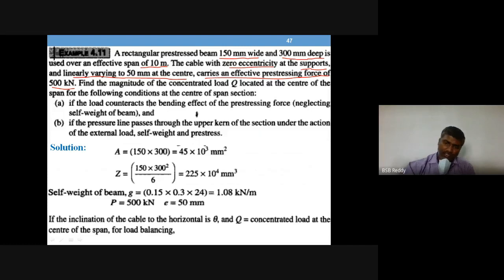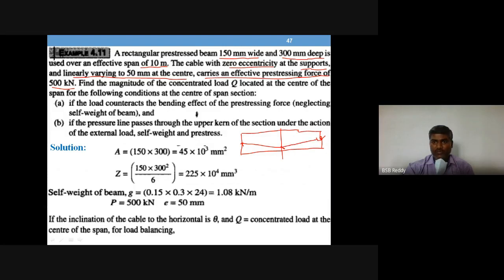variation, something like this. If you draw it to some scale, if you take this as the midpoint, it has some eccentricity at the center and zero at the supports, just joined by a straight line. Same here, zero at the support. Zero in the sense the midpoint of the cross section.